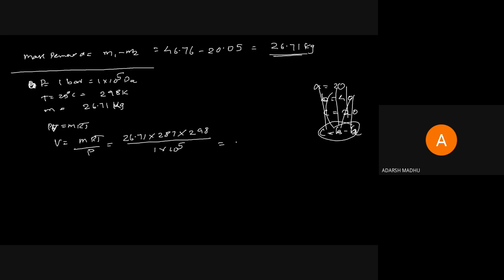You have already found the mass value, that is 26.71 kilogram, and you want to express that mass as a volume, at the properties of pressure given as 1 bar and temperature as 25 degrees Celsius. PV equal to MRT, substitute the values to find the volume: 26.71 into 287 into 298 divided by 10 raised to 5.